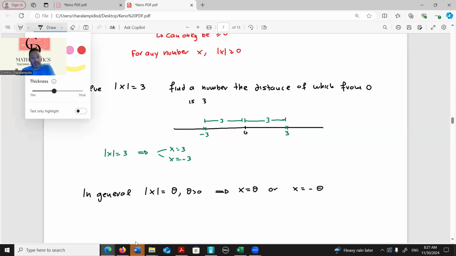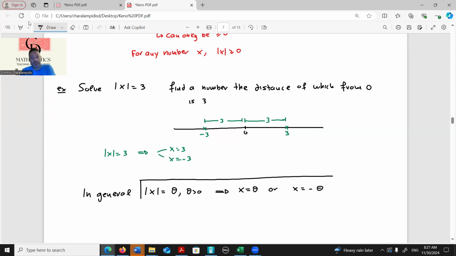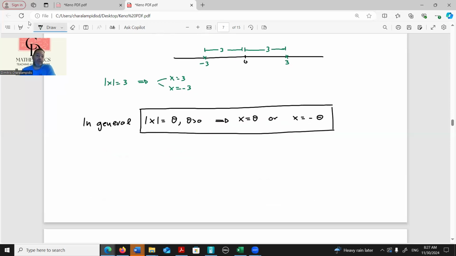And be careful that we just used the expression inside the absolute value, and we'll do some examples together. For example, absolute value of x is 10. Like we saw before, x should be 10 or x should be -10.